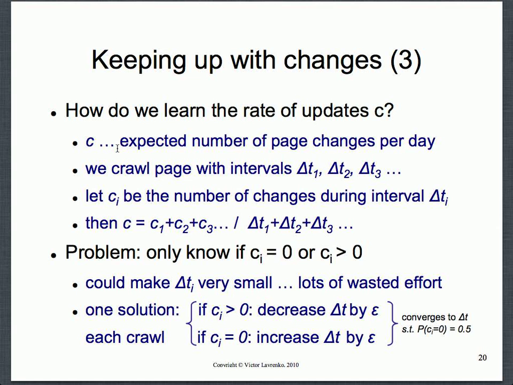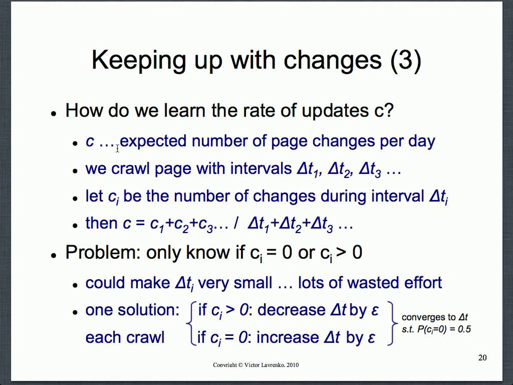So if I had that, then the maximum likelihood estimate for C is just the sum of the Ci's divided by the sum of the delta T's. Right? So you count the total number of changes in your sampling time, and then divide by the length of the sampling time. And that's going to be an unbiased estimate of the sampling rate.